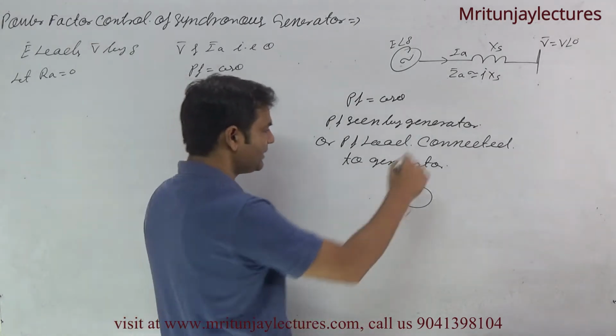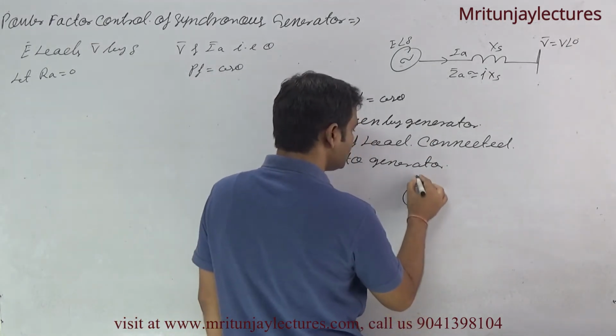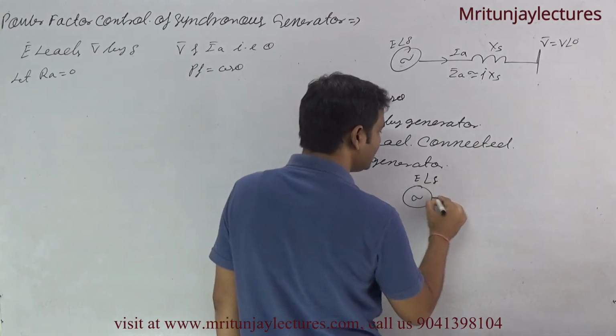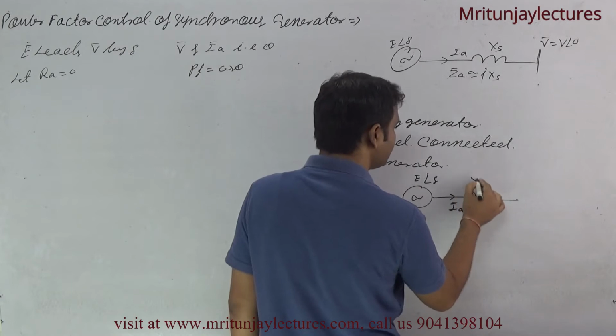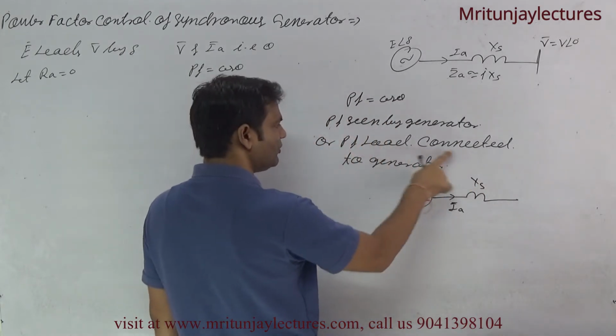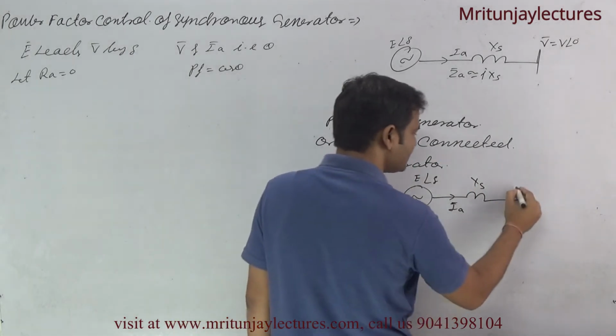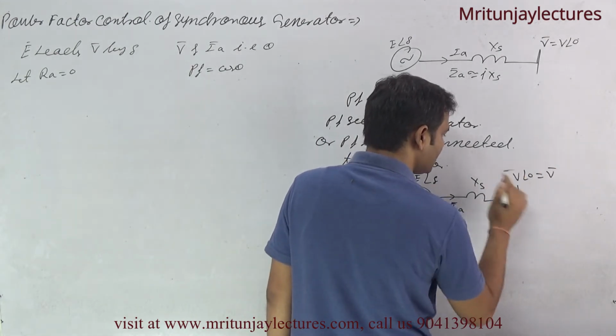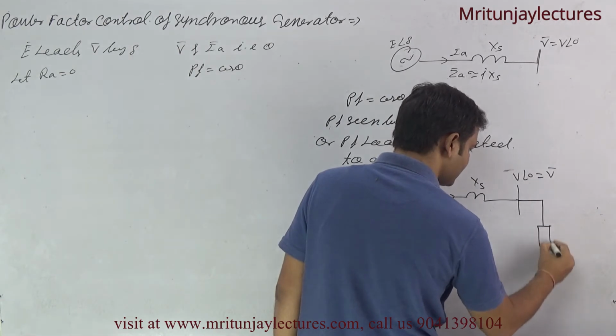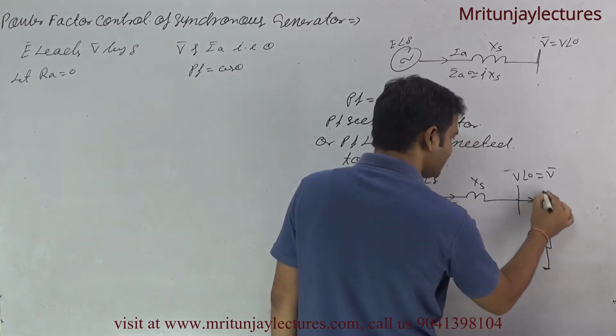Corresponding to E at the angle delta and IA, the power factor of the load connected to the generator, V at the angle 0 will be equal to V, and the load is connected here with current IA.